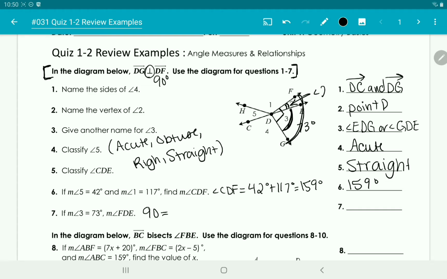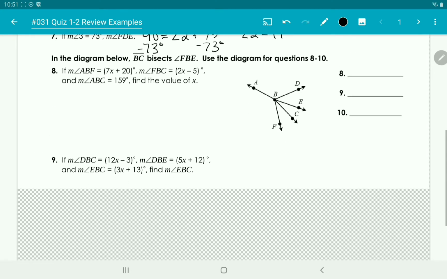Let's call it angle 2, since it's labeled angle 2, plus this 73-degree angle. So to solve for angle 2, we subtract this 73 degrees, giving us 17 degrees. So our answer is 17 degrees. Again, for each problem, just make sure you label the diagram with the information you're given, and then go from there to try and solve.